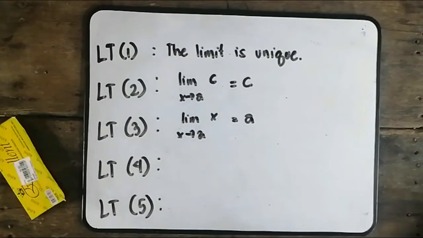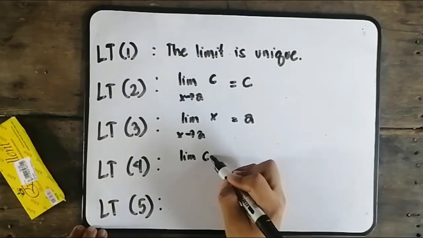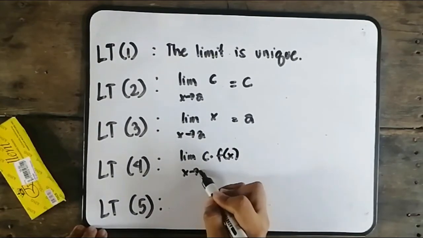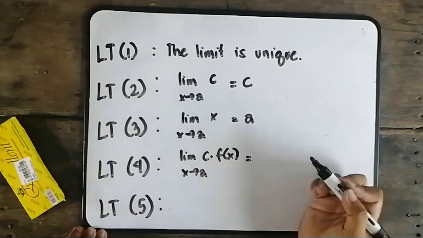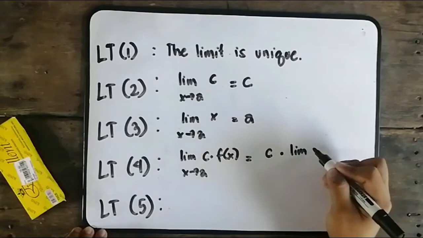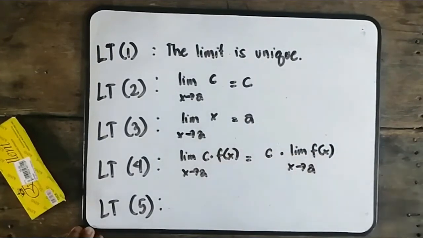Limit theorem number 4, pag meron daw tayong limit ng constant times a function as x approaches a, pwede nating ilabas yung constant tapos kunin natin yung limit ng function and then multiply.